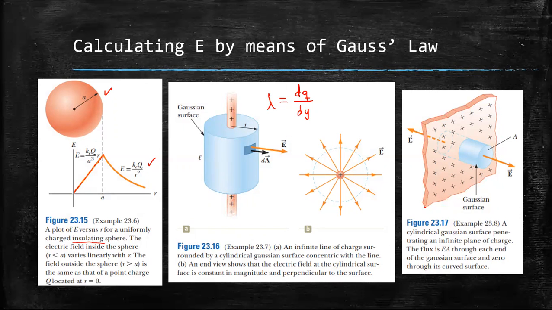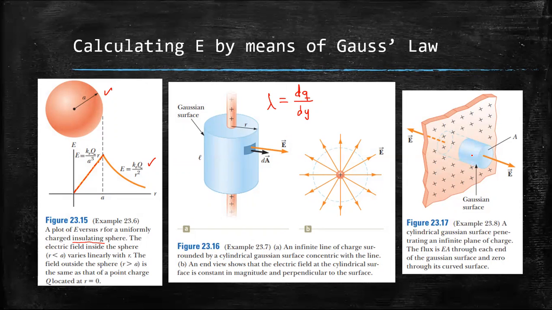This sort of looks like a piece of bread. Imagine that the positive charges are distributed over this surface. Imagine that it is like a jelly, and we will use a Gaussian surface in this case, this blue one, as this cylinder that goes across the surface from the backside, which we don't see, so we represent as dotted lines, and the front side, which we represent with solid blue color.